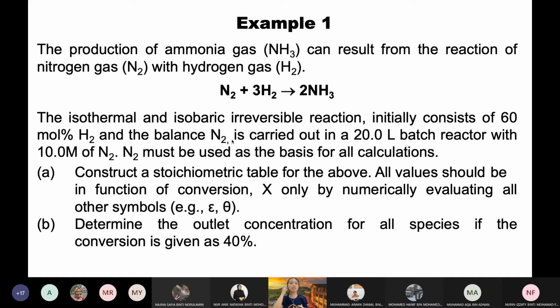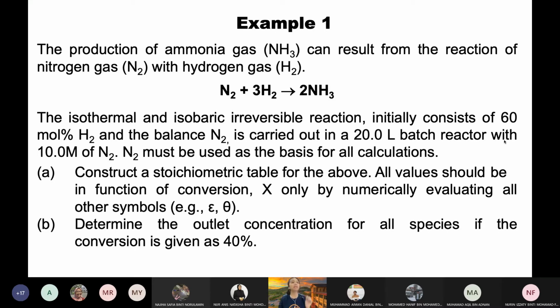Dia kata initially saya ada nitrogen gas dengan hydrogen gas kan. So dia kata initially ada 60% hydrogen gas and of course balance nitrogen gas tu adalah 40%, mole percent. Meaning, kalau kamu perasan, N2 adalah your A, hydrogen is your B. Kita ikut susunan dalam persamaan kimia.